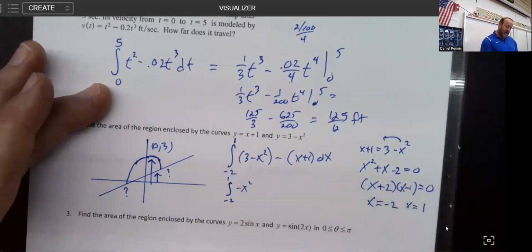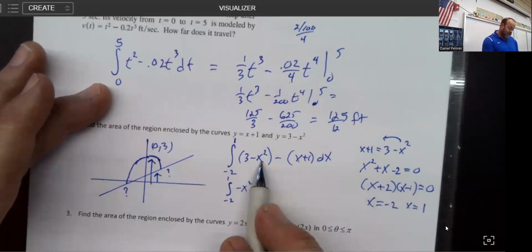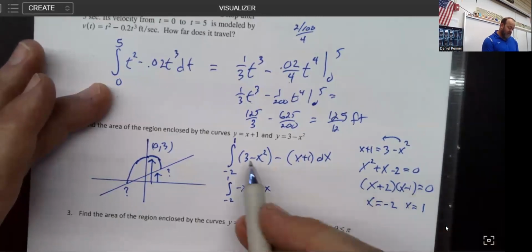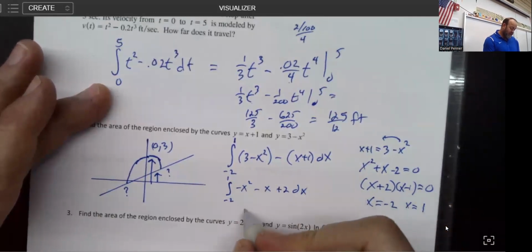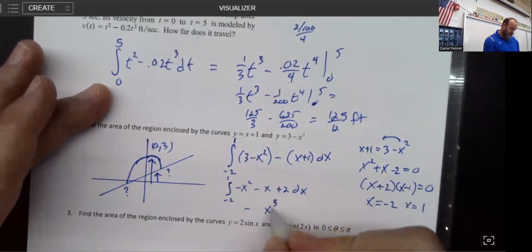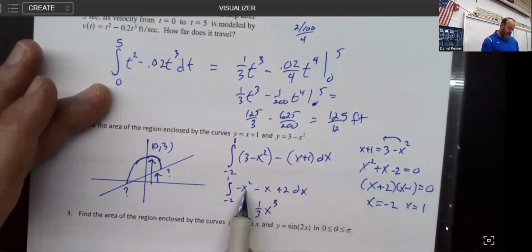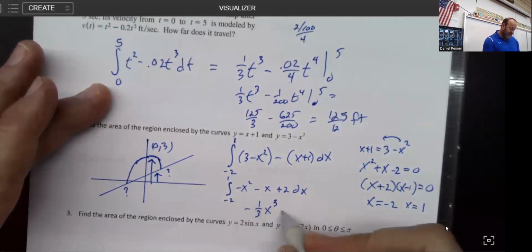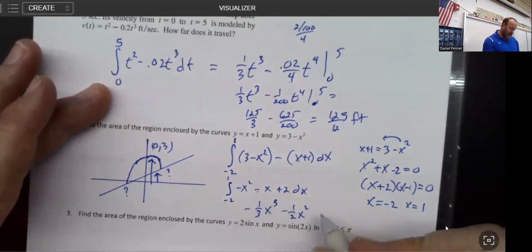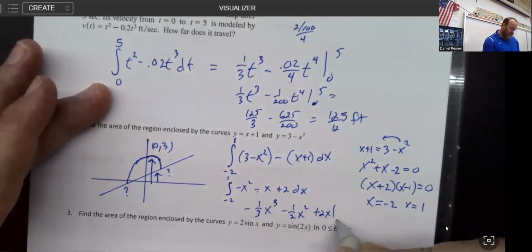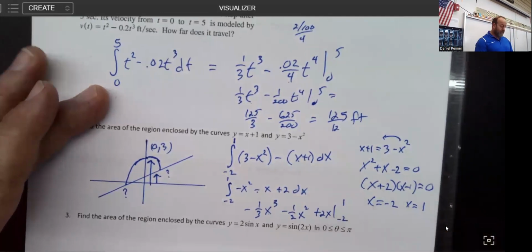Rewrite this as negative x squared minus x, and I got a 3, but I subtracted 1, so I have 2. So that means my antiderivative is going to be negative 1/3 x cubed, negative 1/2 x squared, again also having that negative, plus 2x, evaluating from -2 to +1.